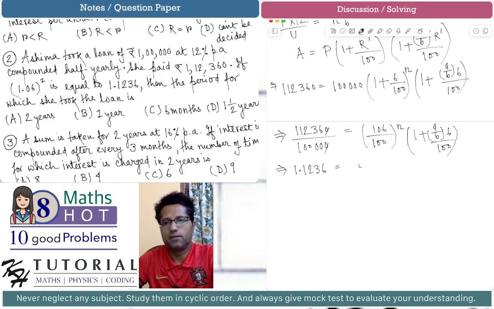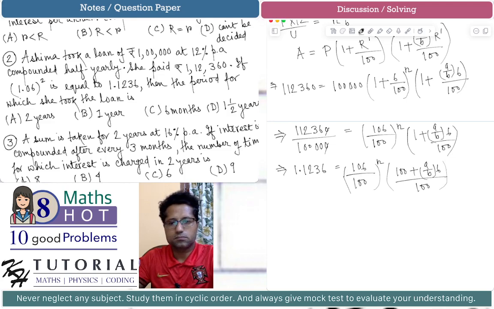the right hand side is equal to 106 divided by 100 to the power small n multiplied by 100 plus a by b, 6 divided by 100.